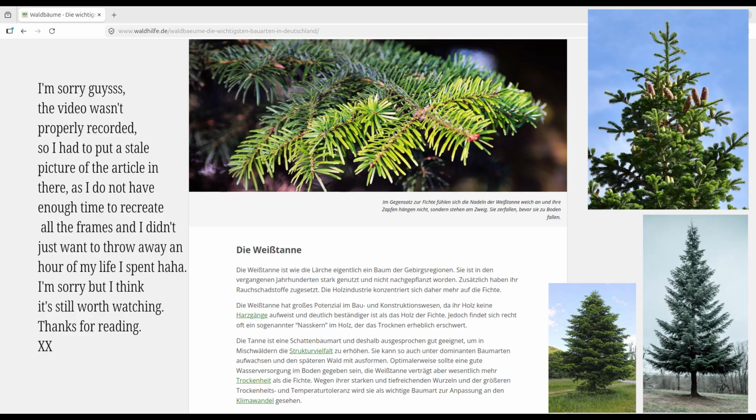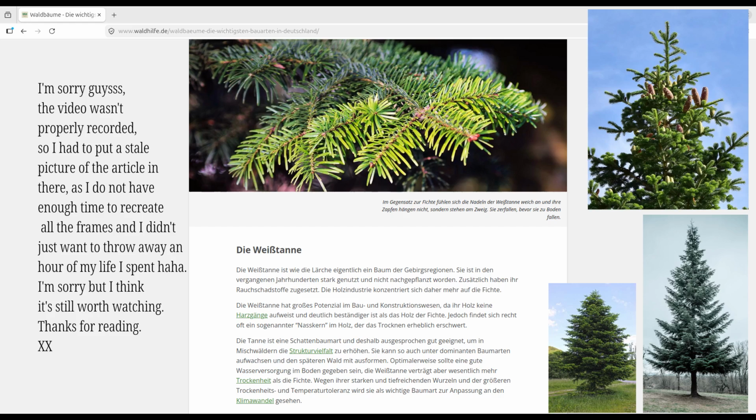It's not species in that kind, but like Nadelbäume, which we also had in the last episode, conifers, and Laubbäume, where the main difference is that the needle trees or conifers don't lose their needles in the winter, and they don't turn any other color, like the deciduous trees. Laubbäume, deciduous trees, of course turn to another color, and the trees lose their leaves, I think for energy saving apparently.